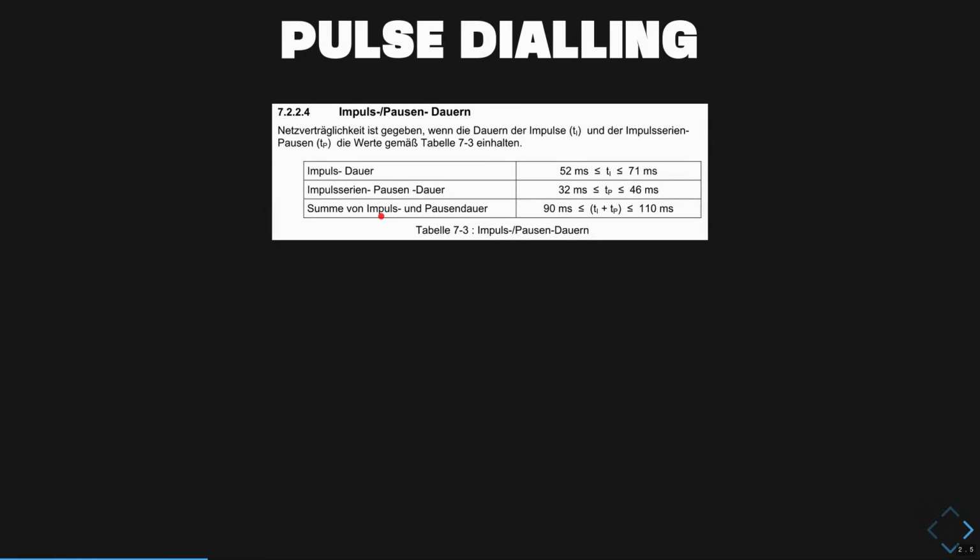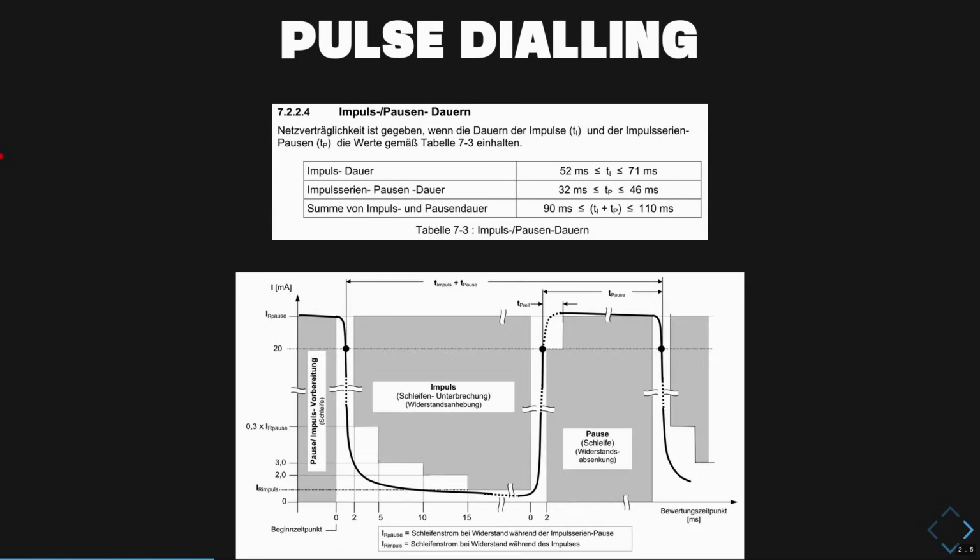Okay, now we can receive calls, and we want to dial as well. Therefore, Impulswahlverfahren, or pulse dialing, was the classical way of dialing, and that basically means you make short interruptions that are called pulses, where basically the loop current goes down to 0, and then in between these pulses you get pauses, and the loop current goes up again.